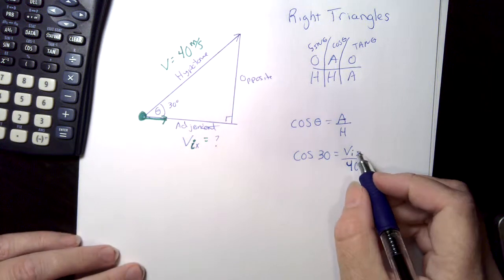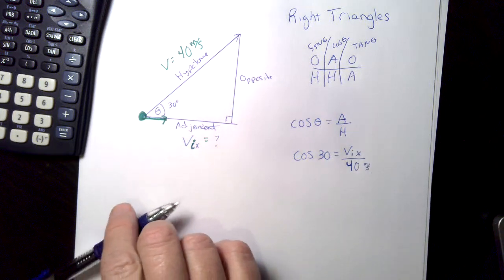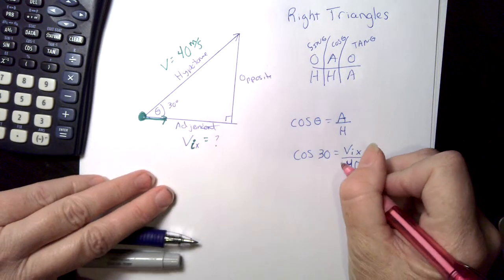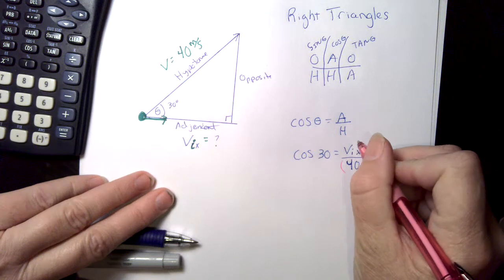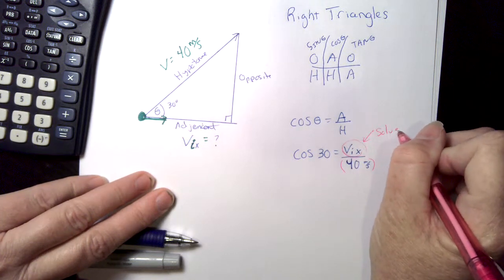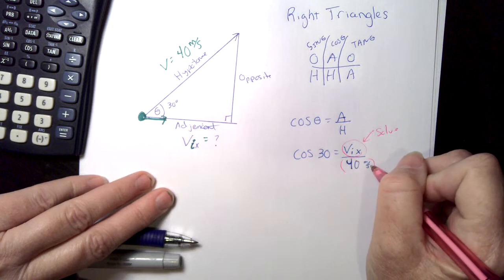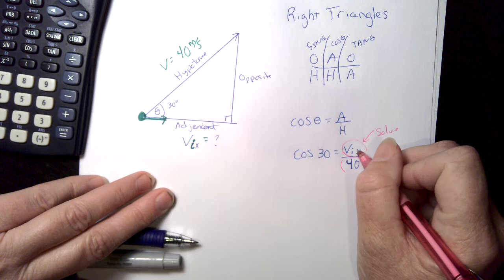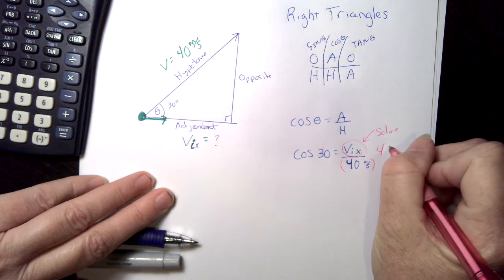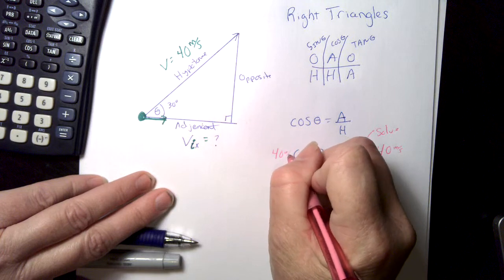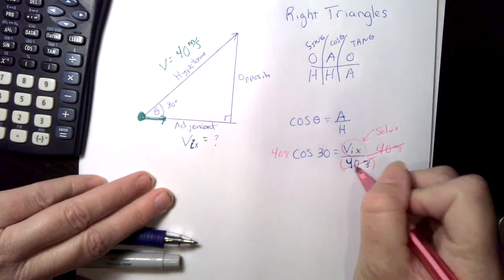Now, how do I solve for v initial x? Well, I have to do my little fancy algebra. I'm trying to get this by itself, trying to solve for that. The 40 meters per second is dividing by that number, so I multiply 40 meters per second to both sides, and then those cancel out.